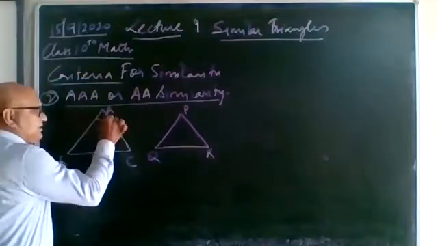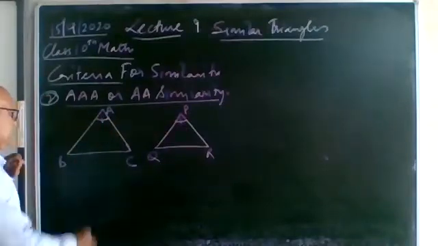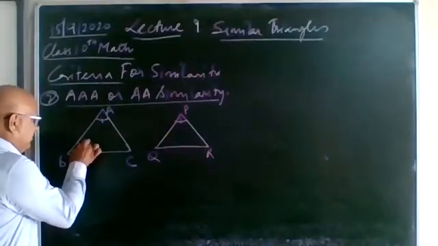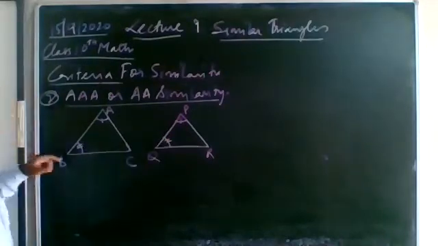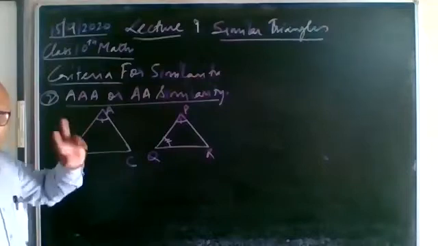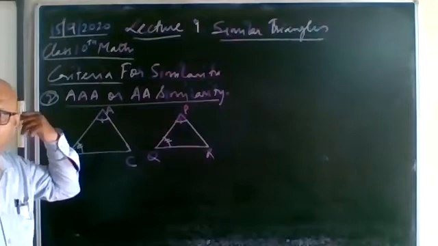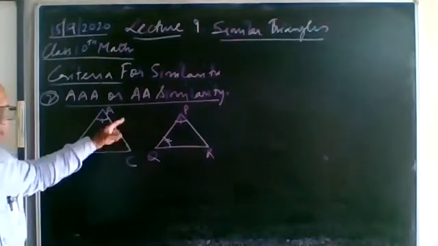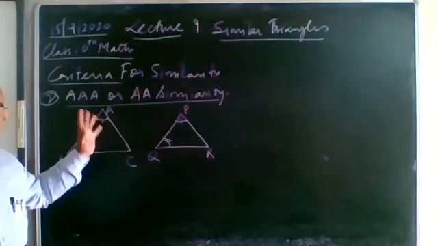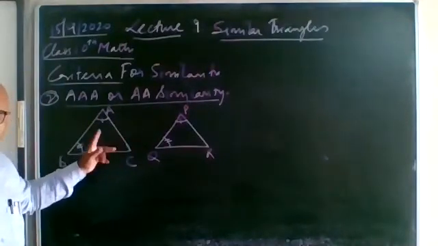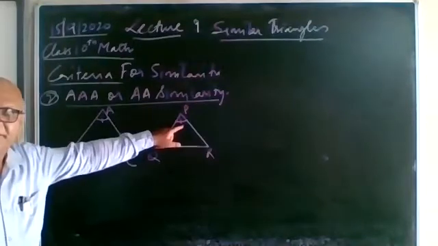If angle A equals angle P, and if angle B equals angle Q, in two triangles if two angles are equal, the third angle will obviously be equal because of the angle sum property of a triangle. Angle sum property of a triangle is what? 180 degrees. So the third angle you can find out.